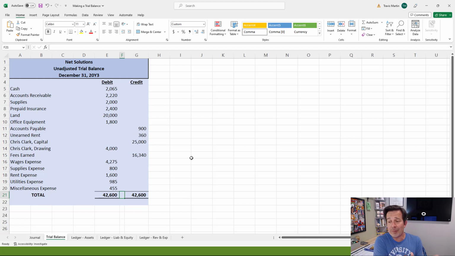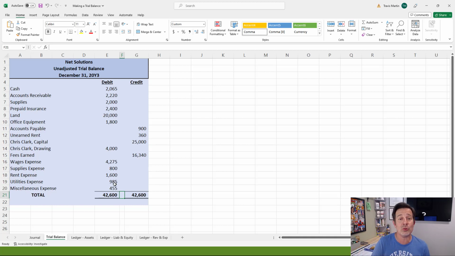So there's my trial balance. What that does, it tells me, hey, debits equal credits in your accounting system. It doesn't tell me if these numbers are correct. It just tells me that it balances. For instance, maybe I put something in rent expense that should have been utilities expense. It wouldn't find that error. All this is doing is telling me whether or not the accounting system is in balance.